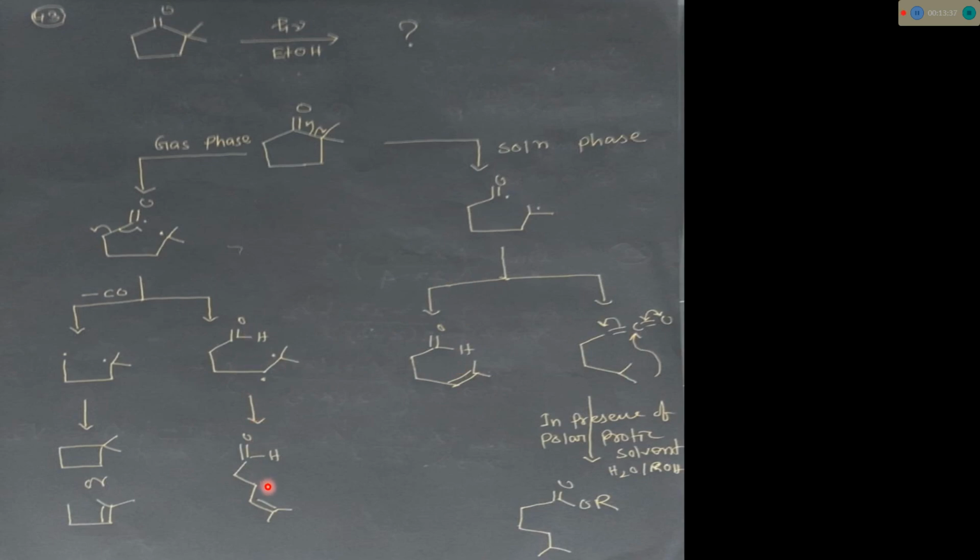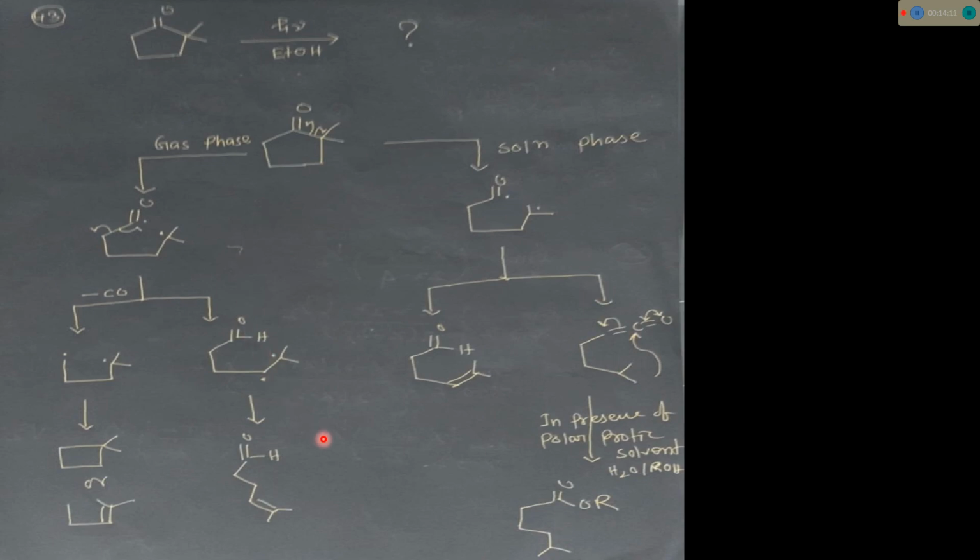But there is also a possibility of forming a ketene. This radical abstracts a hydrogen from this carbon to form a radical at this position, and then this radical combines with the other radical to form a ketene. If we use a polar protic solvent, meaning water or alcohol, then this polar protic solvent will attack the ketene to form an ester molecule.